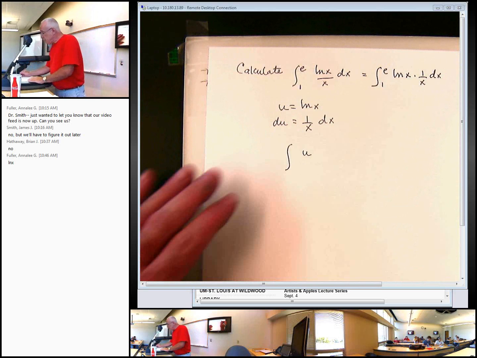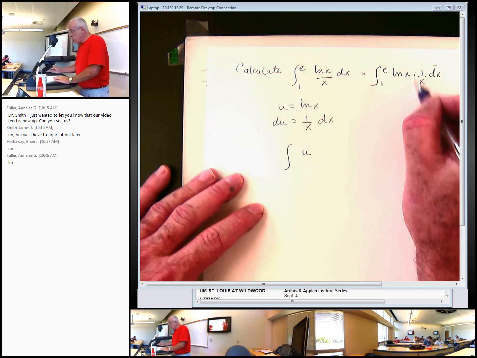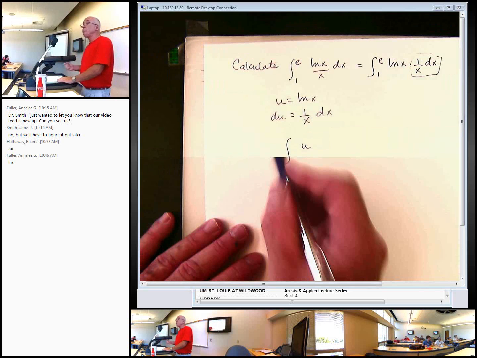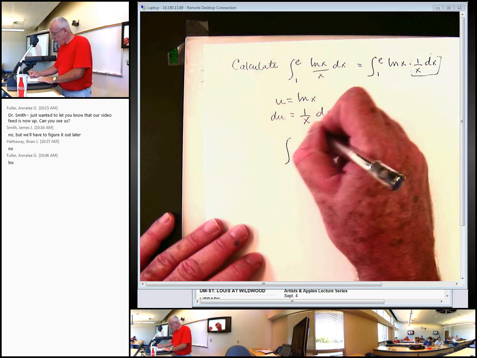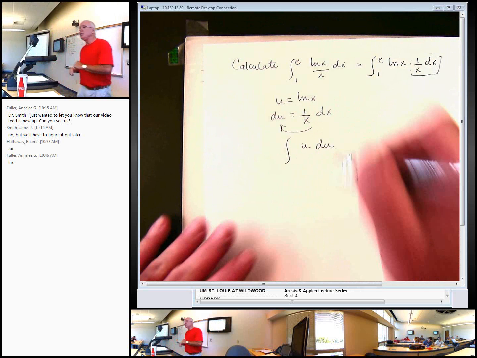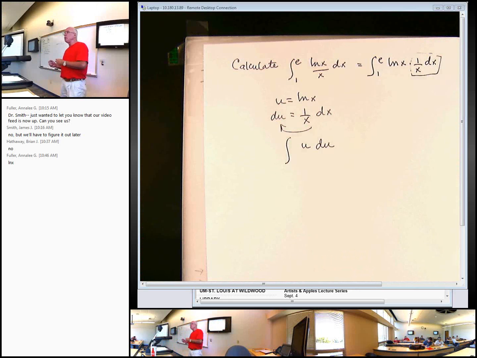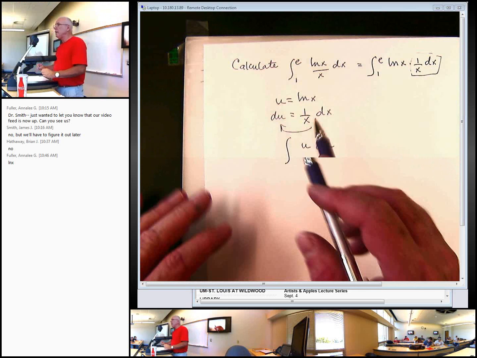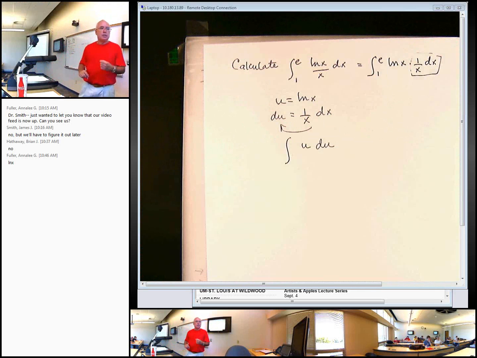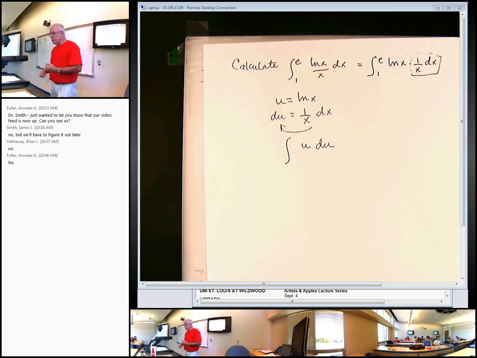And then this part right here is what is going to be replaced by just plain old du. So now our integral becomes something very simple. Okay, so do we see how I went from one to the other here? Using our new derivative rule that the derivative of the ln of x is equal to 1 over x.